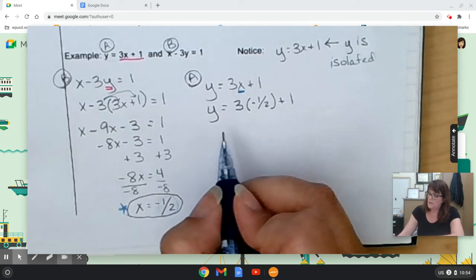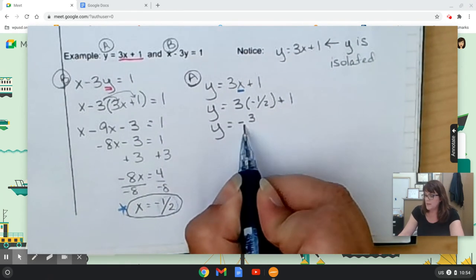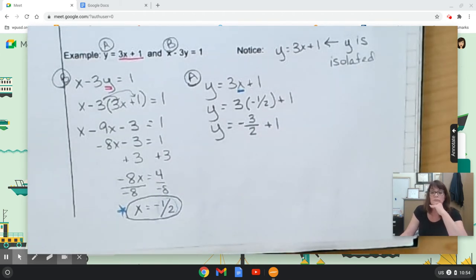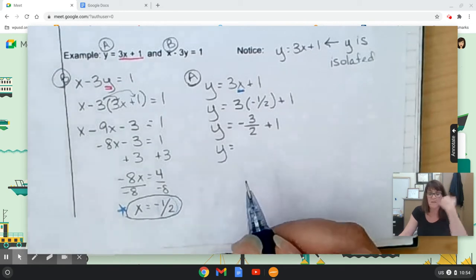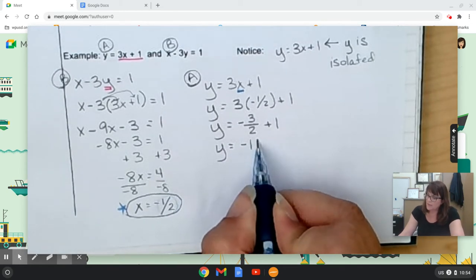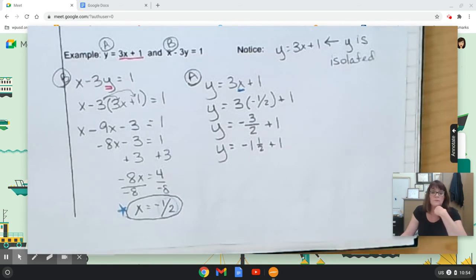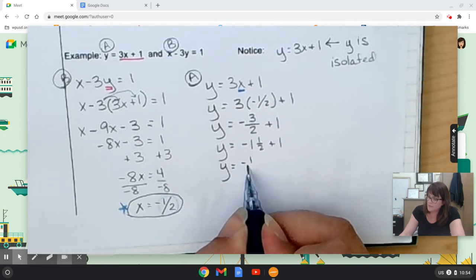y equals negative 3 over 2 plus 1. Now, you guys also know, and I'm going to write this step because it's what's happening in my thinking, that this is negative 1.5 plus 1. So if I owe you $1.50, and I pay you back 1, y is still negative 1/2.